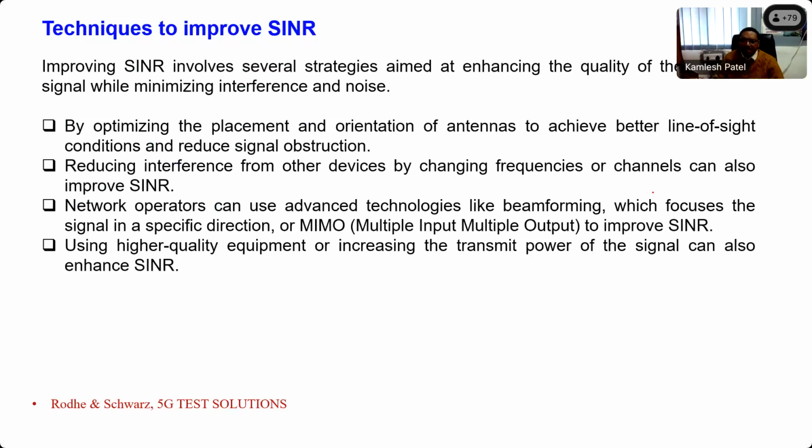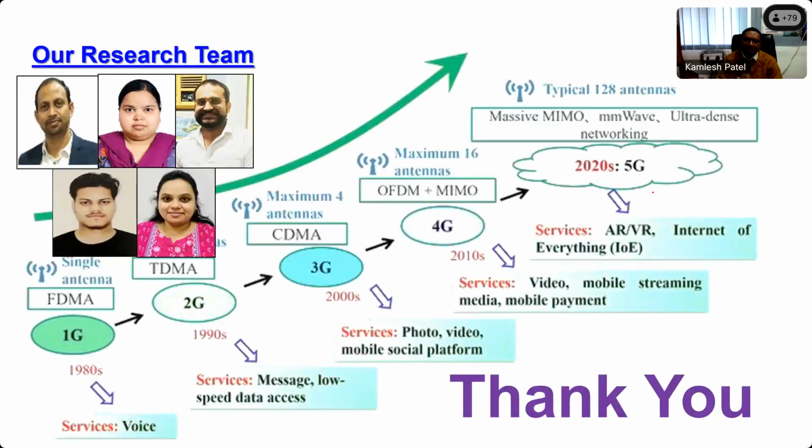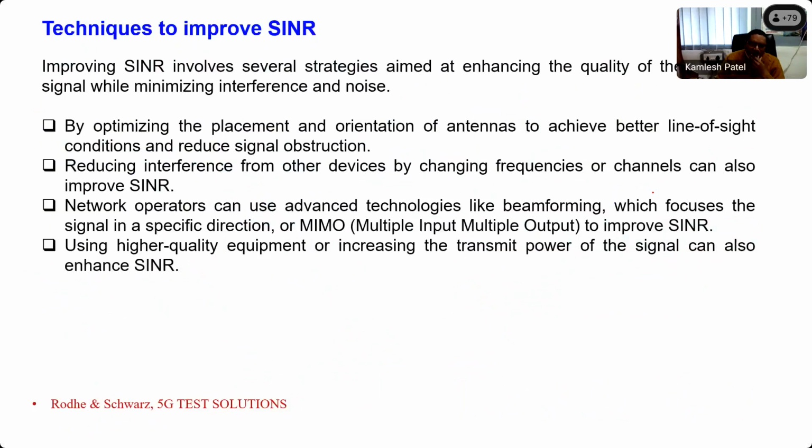Network operators can use advanced technologies, beamforming and MIMO systems. And the last one, using high quality equipment and increasing the transmit power of the signal can also enhance SINR.